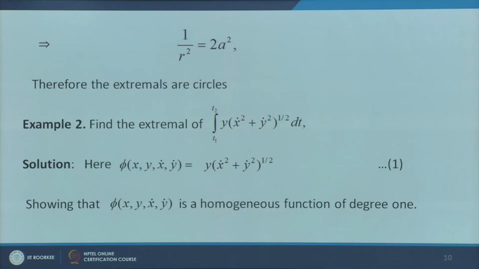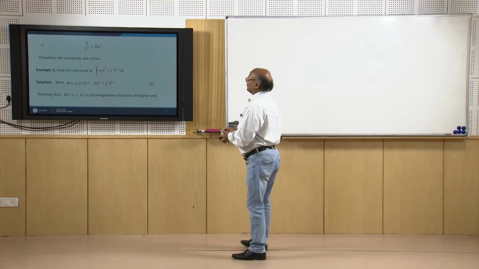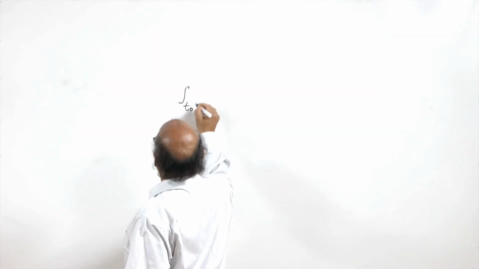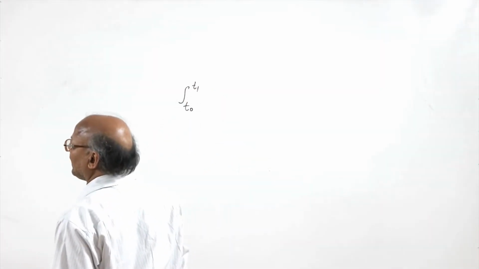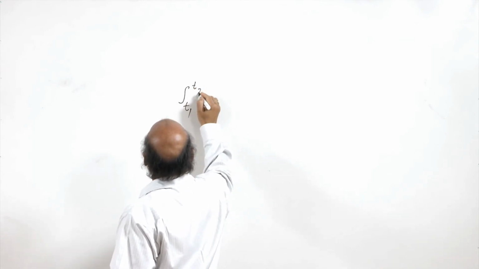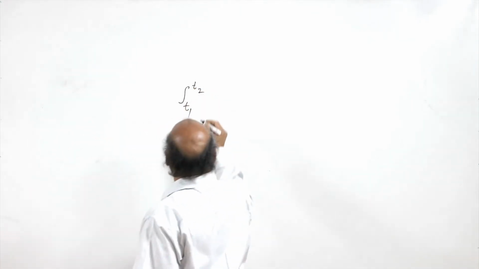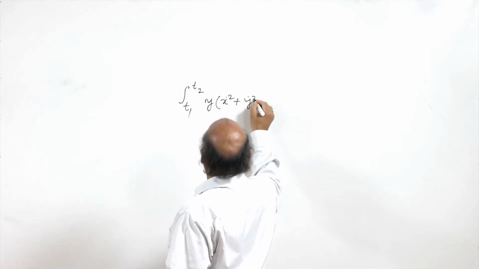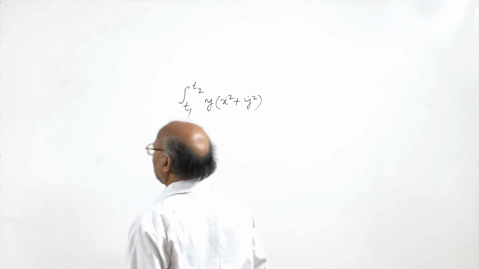Let us see this problem. So we have the integral over t1 to t2 of y times (x dot square plus y dot square) to the power half dt.